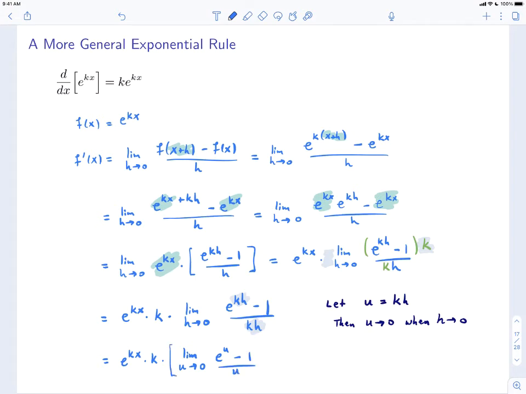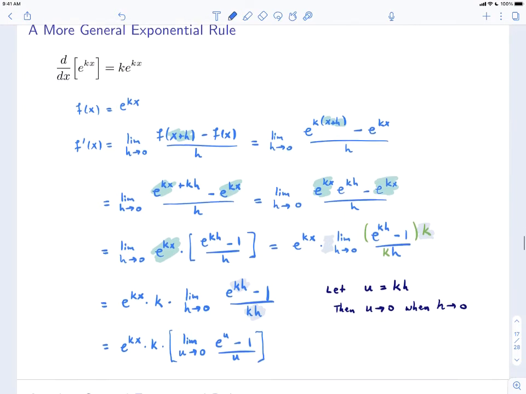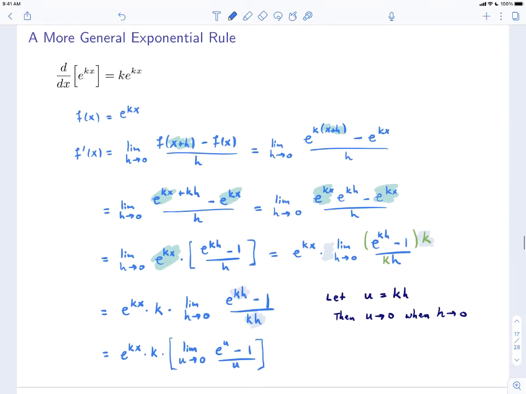And notice that this limit is exactly the same as our original limit from several slides ago. It's just instead of having an h here, it's a u. But we have u going to 0 of e to the u minus 1 over u. So this is exactly the same. So this is going to be a 1. So this value right here is going to be 1.